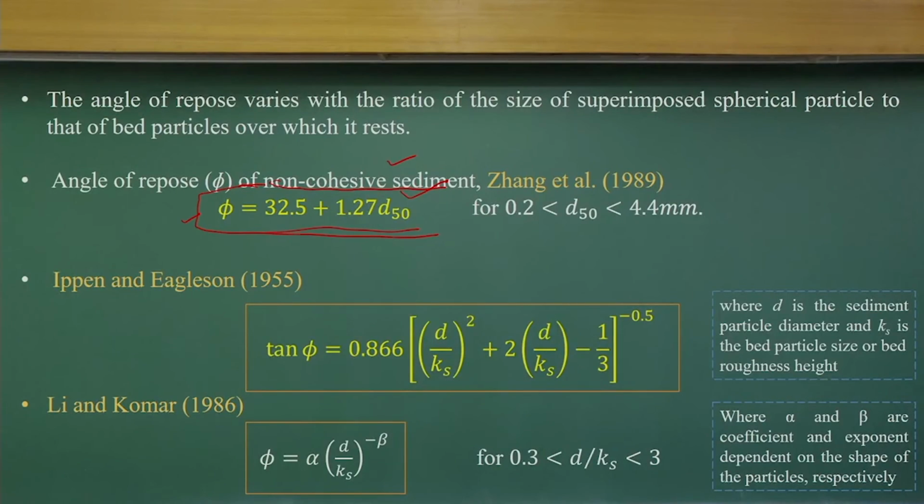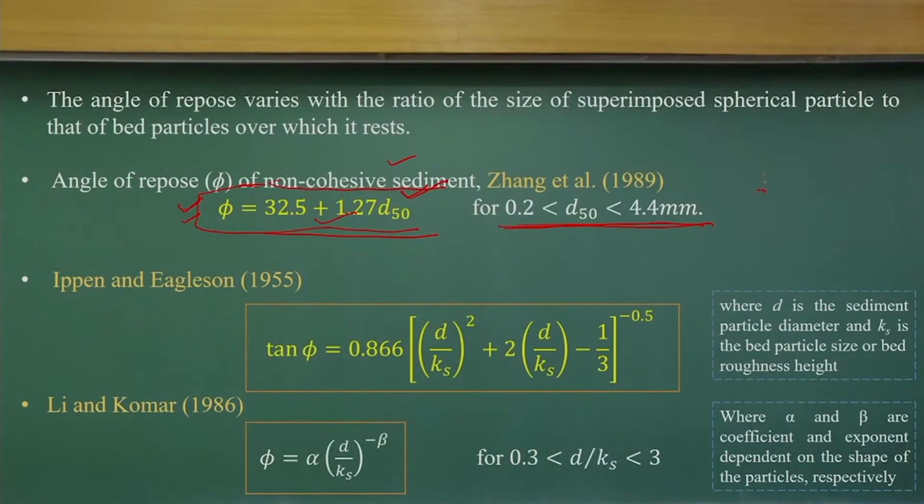So we can empirically establish what the angle of repose could be if we know the D50 value. But this equation is valid for a D50 range of 0.2 to 4.4 millimeters. This is the range in which the equation is valid.